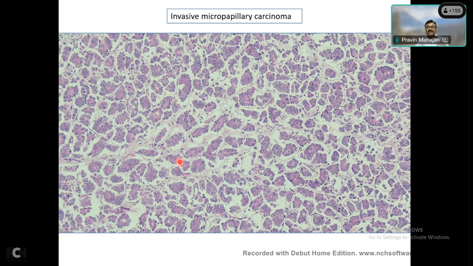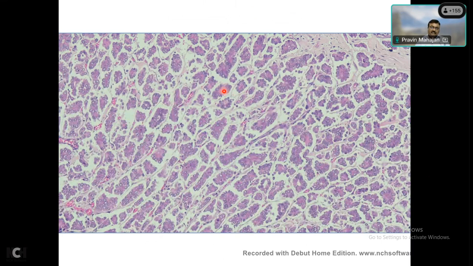There is a retraction of stroma around this thin fibrous septae, and they look like they are floating within empty spaces. Another feature is that the luminal side of the cells is towards the stroma and not inside. We call it an inside out pattern, or reverse polarity.